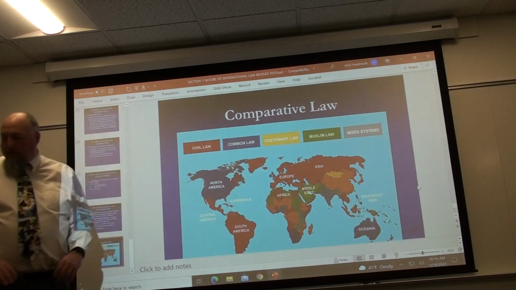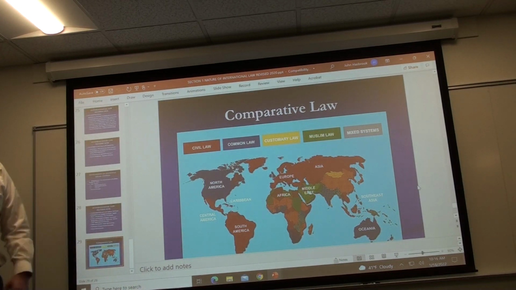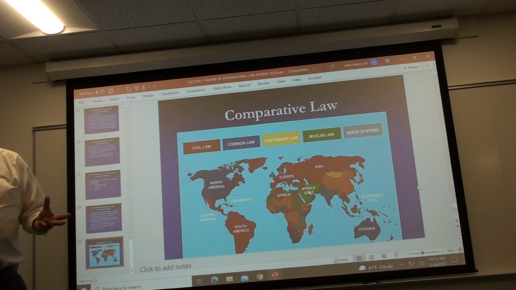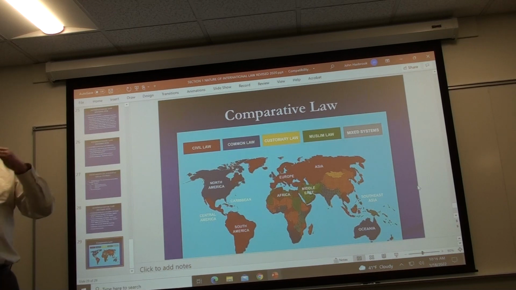That's the actual term we'll talk about in a moment. That's one of the goals of the UN, actually. I'll show you when we get to the UN Charter next week. One of the goals of the UN is to arrive at this harmonization of law.